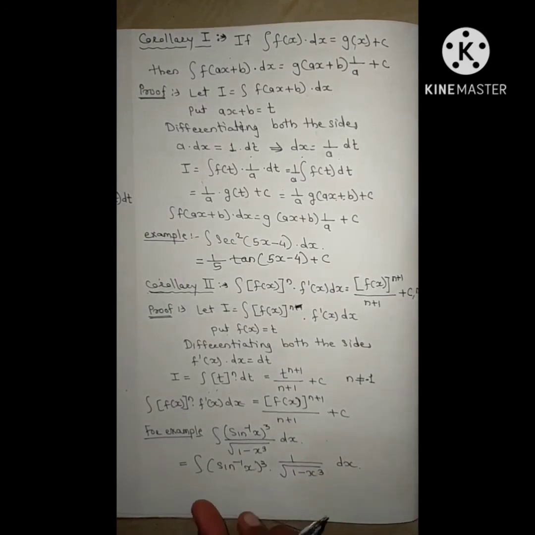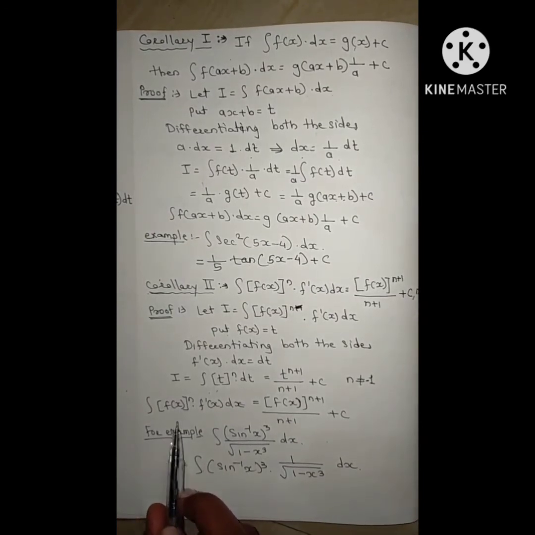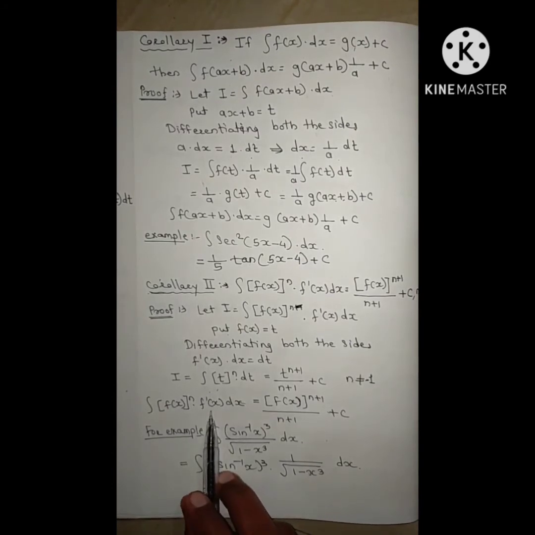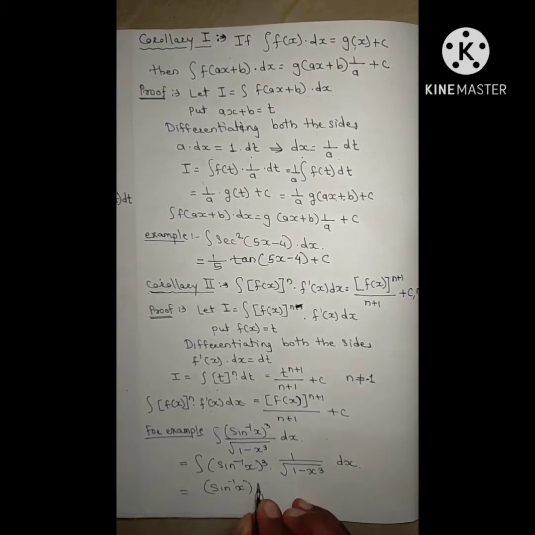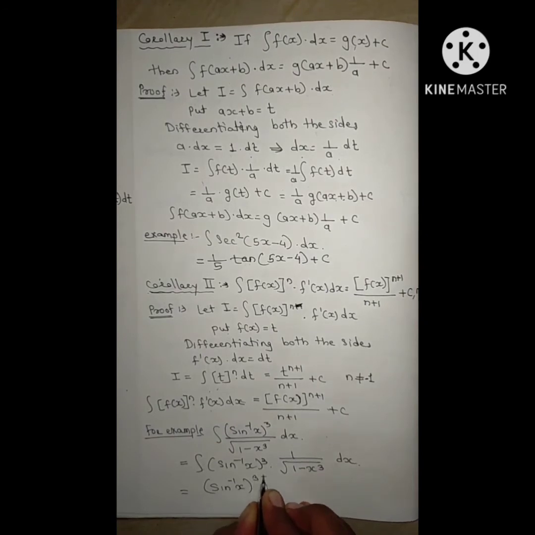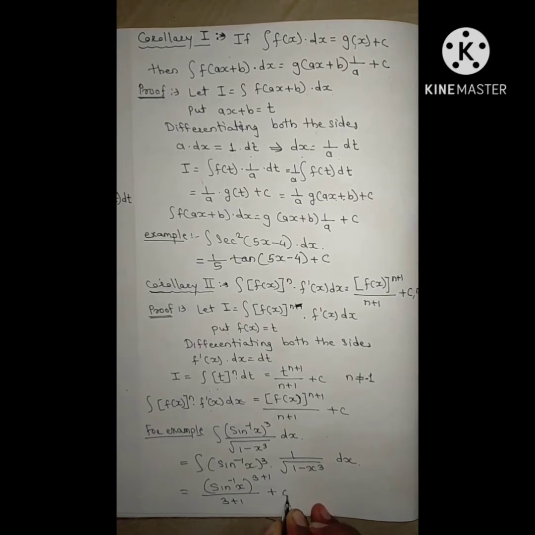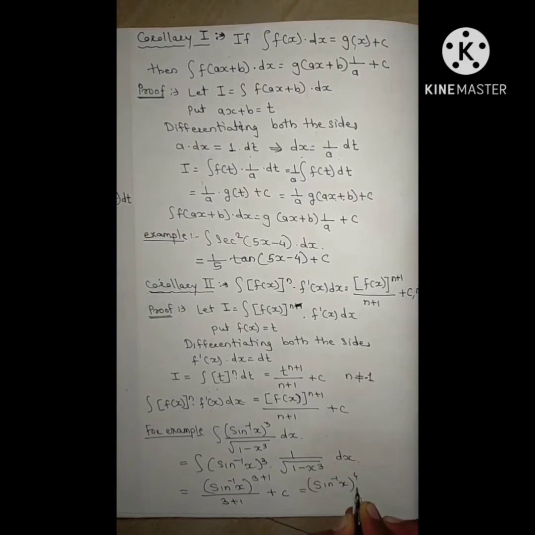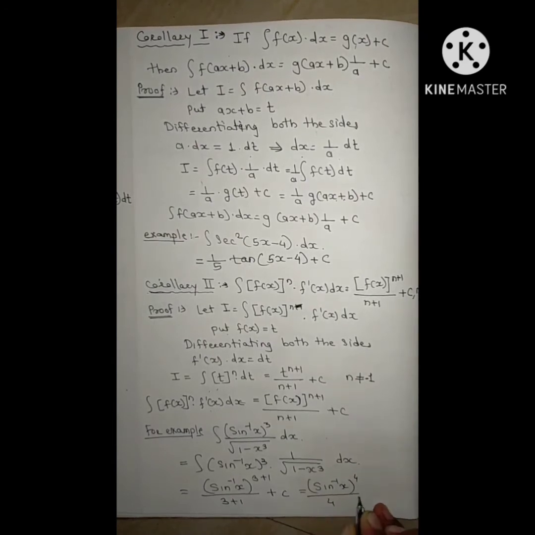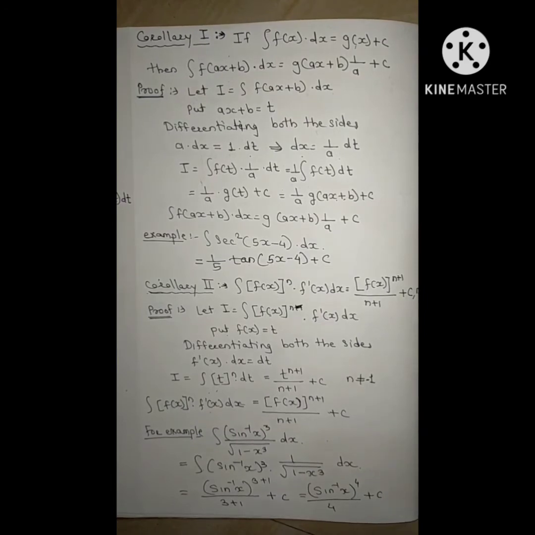That is, this is f of x, and this is the value of f dash x. Therefore value of this is sine inverse of x raised to 3 plus 1 divided by 3 plus 1 plus c, which is equal to sine inverse of x raised to 4 divided by 4 plus c.